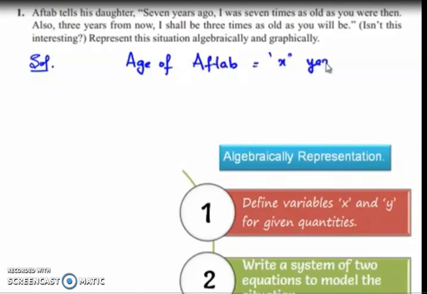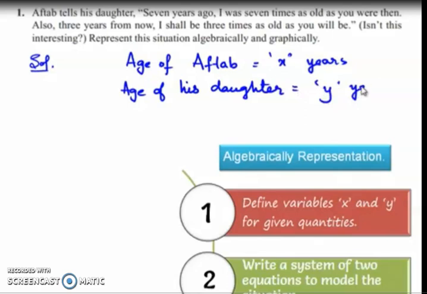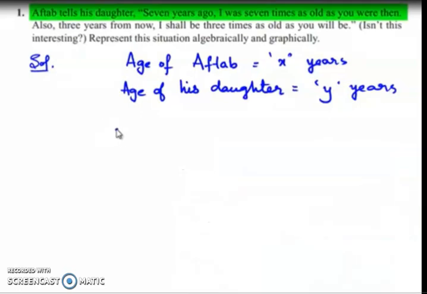Age of Aftab is x years, current age, and age of daughter is y years. Now, as per the situation given, 7 years ago Aftab was x minus 7, and 7 times the daughter must be y minus 7.